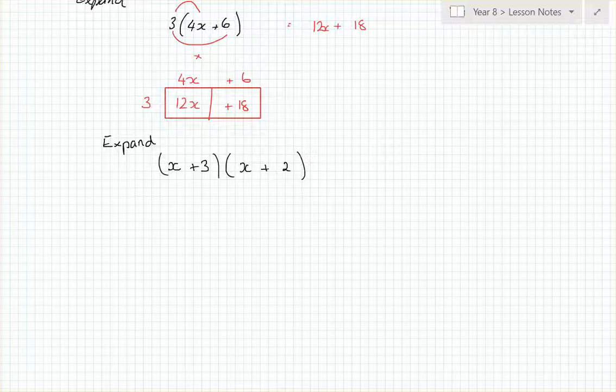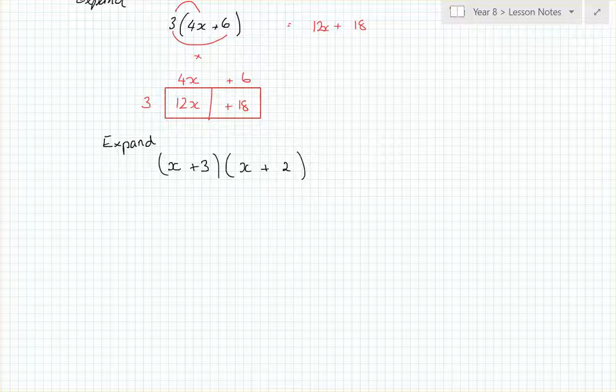Sushi, what do you think? To expand it, we would add 3 and 2, which will make 5. So we'll get x squared plus 5. So you think x squared plus 5 would be the answer? No, you're not correct, but you're closer than Izzy. Okay. Amol. Would it be x squared plus 3x plus 5?